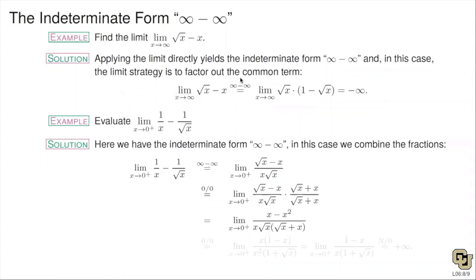Downstairs, it's a bit messy, and I should have done the simpler denominator. Just multiplying the second term by root x over root x would make the denominator a lot simpler, but it's okay. We can still sort this out. Downstairs, what you should notice is that there's some math to be done here. By the way, if I try to take the limit now, I still get 0 over 0.